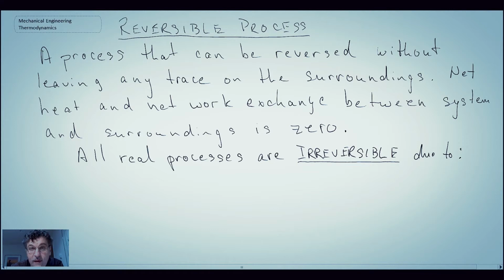And so as a result of that, all of the cycles that we look at, or all of the processes, are actually irreversible. And so just to summarize, though, we said friction was one of the things that leads to irreversibility. Another one is non-quasi-equilibrium expansion and compression.